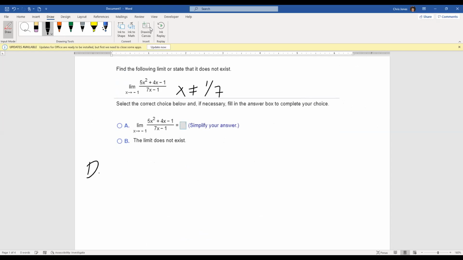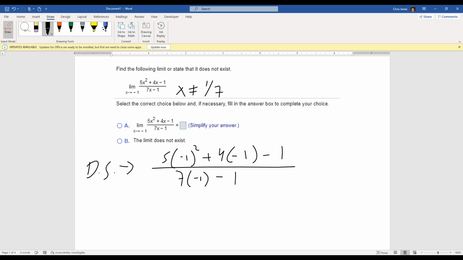Using direct substitution, we have 5 times -1 squared plus 4 times -1 minus 1 in the numerator, and in the denominator 7 times -1 minus 1. The denominator is easy, that's -8. The numerator is 5 minus 4 minus 1, which works out to be 0. Finally, 0 over -8 is just 0.